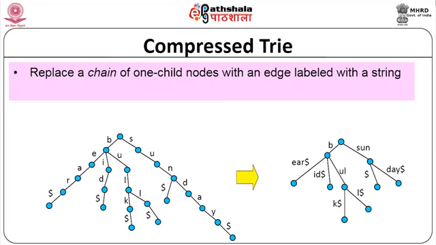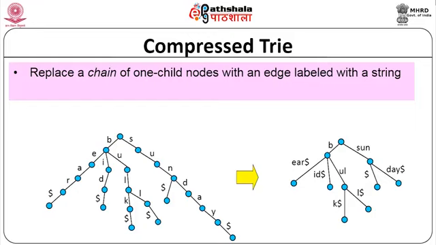So what you do is replace a chain of one-child nodes with an edge labeled with a string. So for example, after B, all of the rest on the left-hand side, EAR dollar, is all one-child nodes. So instead of having E, A, R all separately, you just join it together and you have EAR dollar. So that is for the first step.